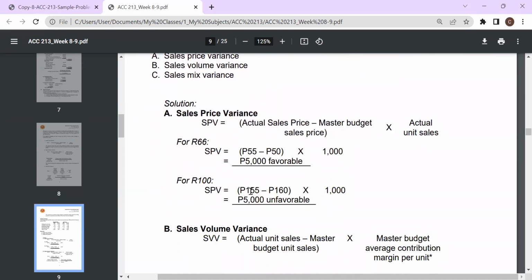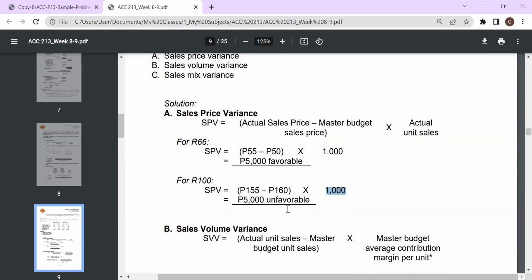So that's 155, actual, versus the budgeted 160. So there's an unfavorable variance of 5 pesos per unit. You multiply that by 1,000, the number of units sold. So you will have an unfavorable sales price variance amounting to 5,000.